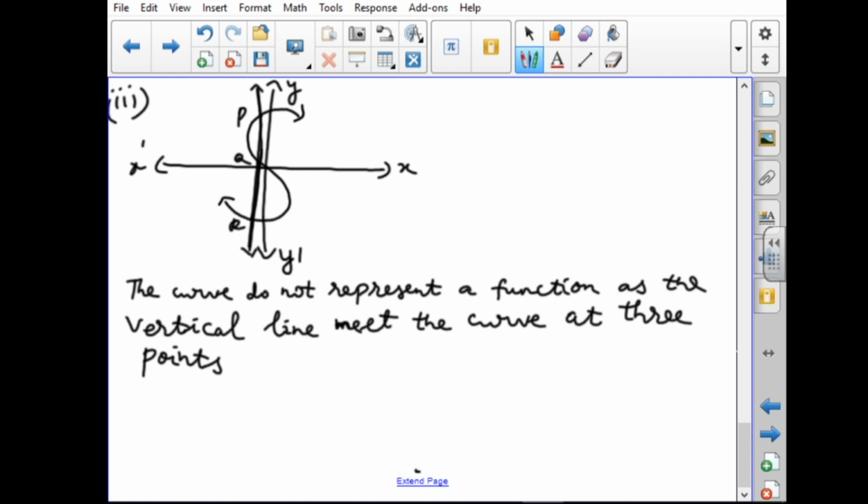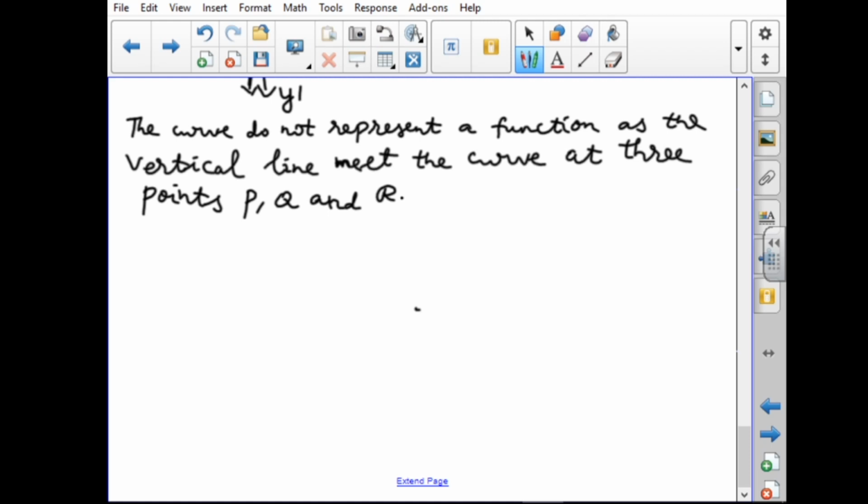Three points P, Q, R. So P, comma, Q and R. This is the third one. Next, the fourth one.